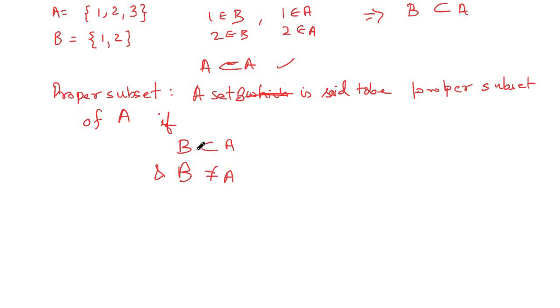There must be something extra that is not in B but in A, but all the elements of B are in A. In that case, we say that B is a proper subset.